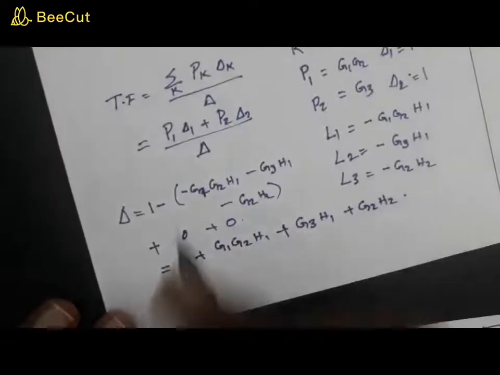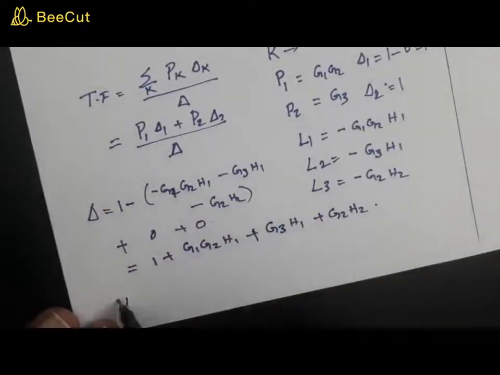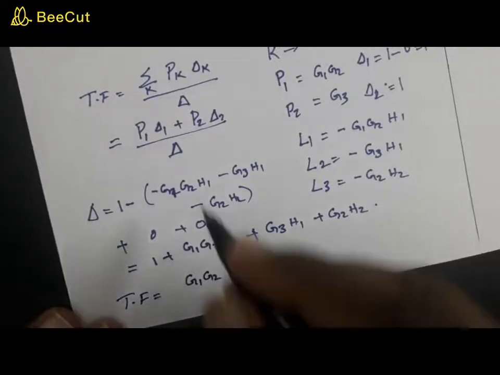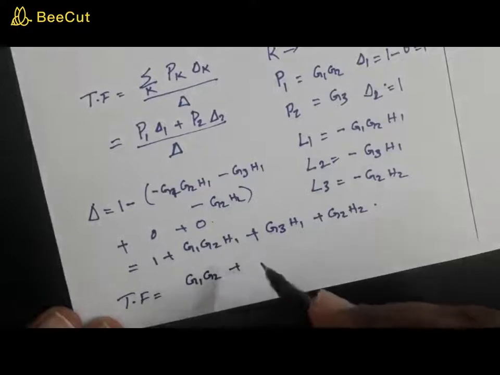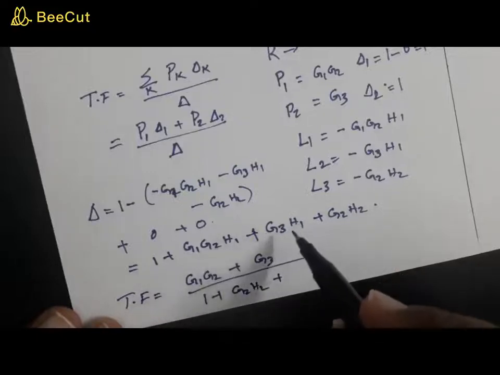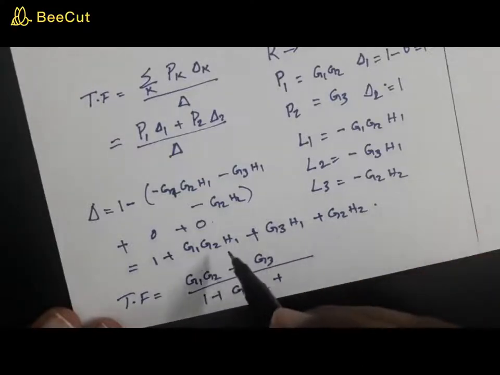Okay, now let us put all these things into this equation. Your transfer function is equal to G1 G2 into delta 1, which is equal to 1, plus P2, which is G3, divided by 1 plus G2 H2 plus, okay, I'm going to take this H1 outside.